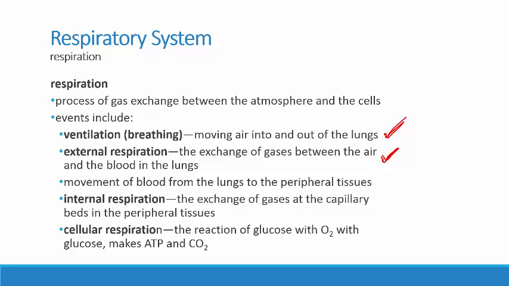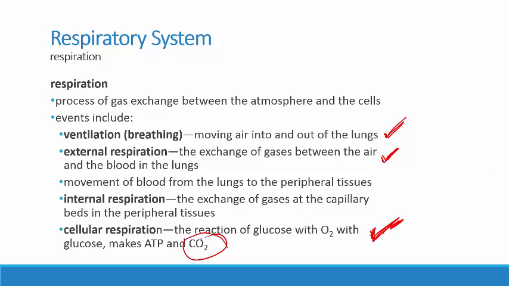And then the last form of respiration that occurs is referred to as cellular respiration. And this is the process where we actually use the glucose that we carry in the blood to the cells, along with the oxygen that's been exchanged. We use those two ingredients to build ATP, and along the way we produce a lot of waste carbon dioxide.